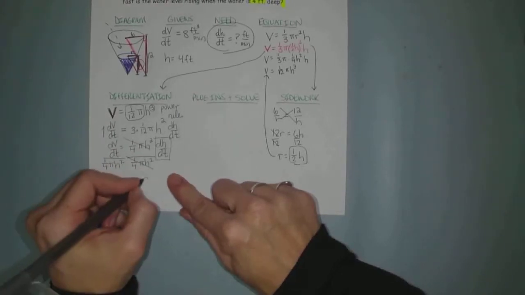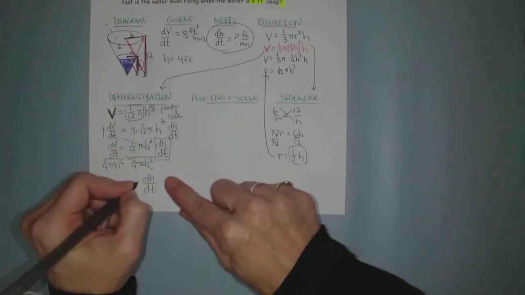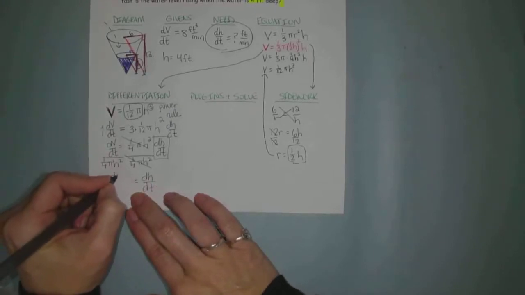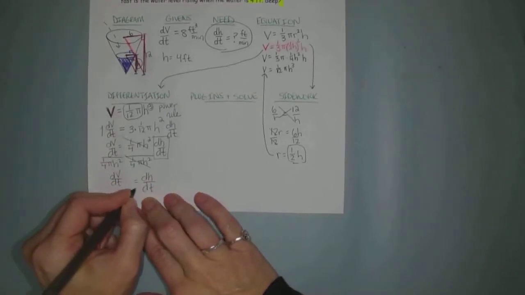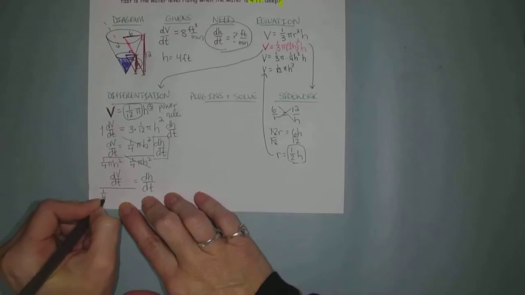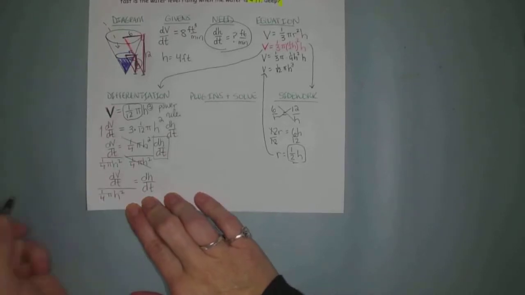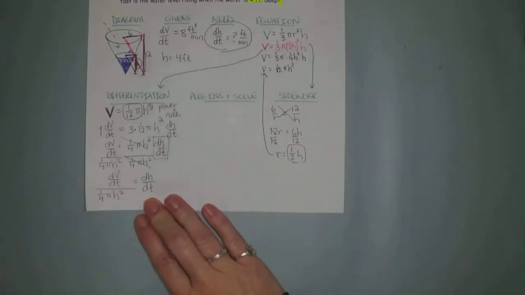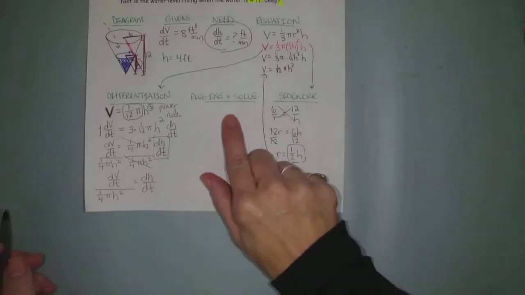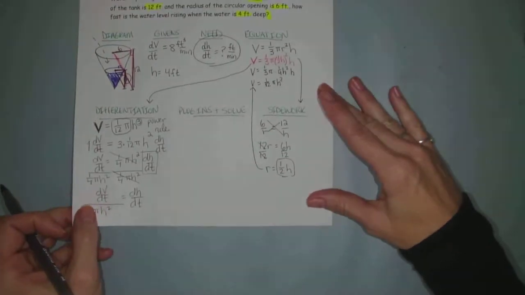So my dH dt is going to be equal to my dV dt all over 1/4 pi h squared.